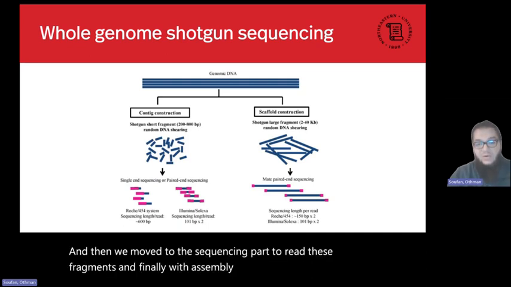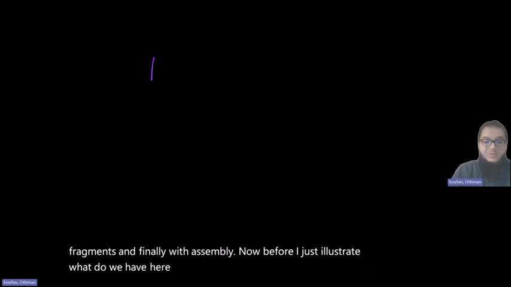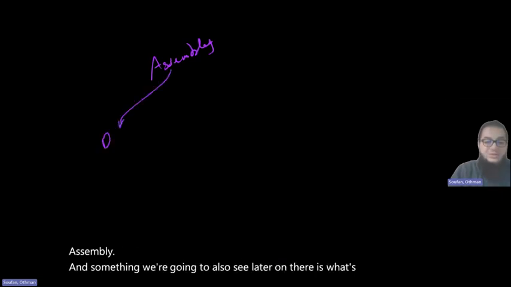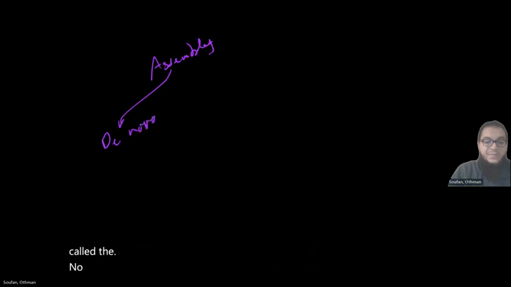Now, when it comes to assembly, something we're going to see later on, there is what's called de novo assembly. This is one type.